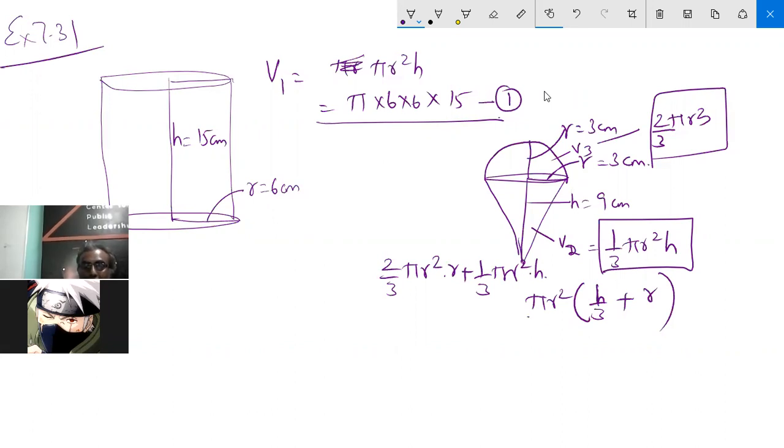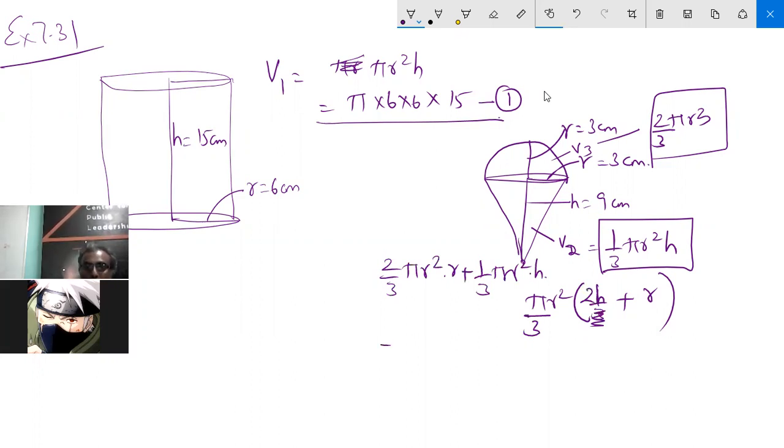In fact, 3 also is common, so you can take that off. So h plus 2r only you will get.